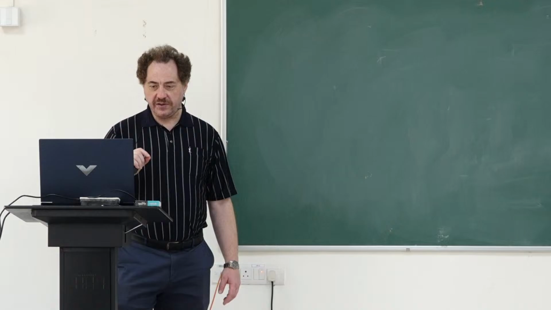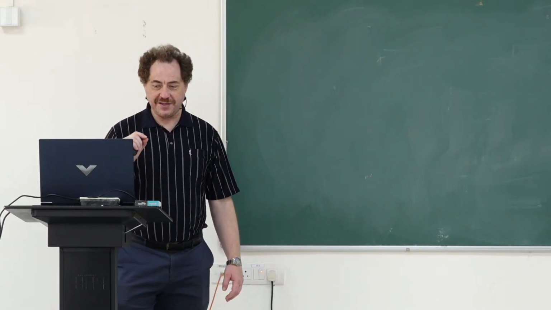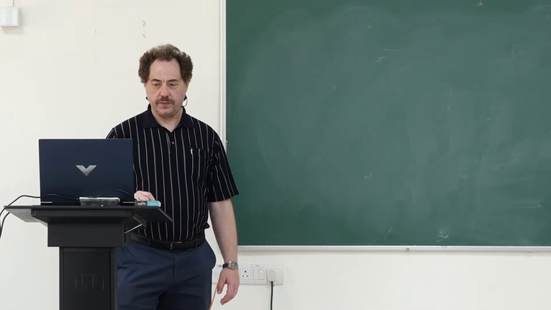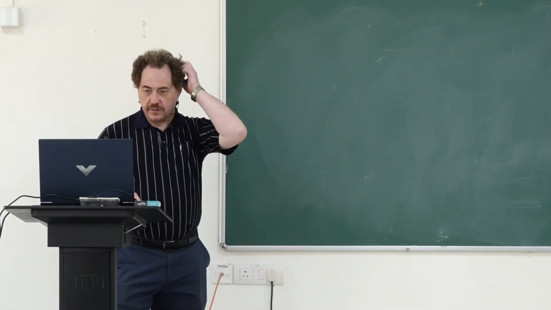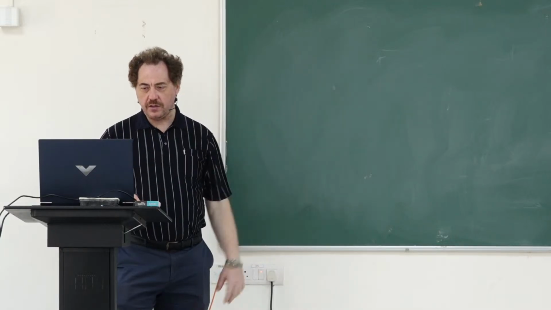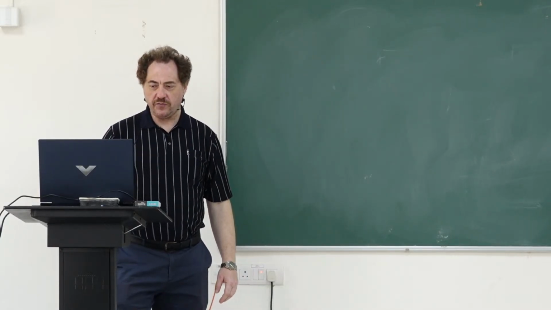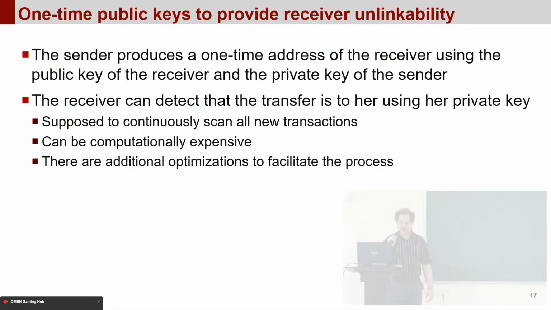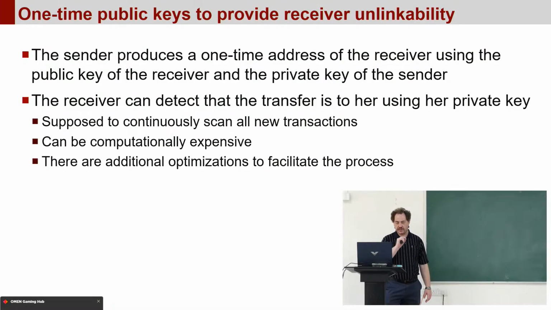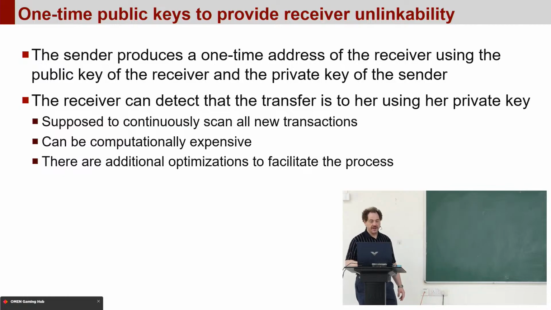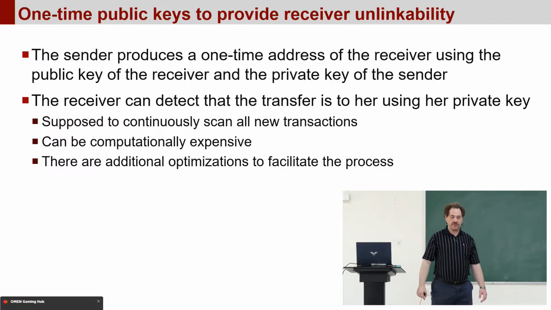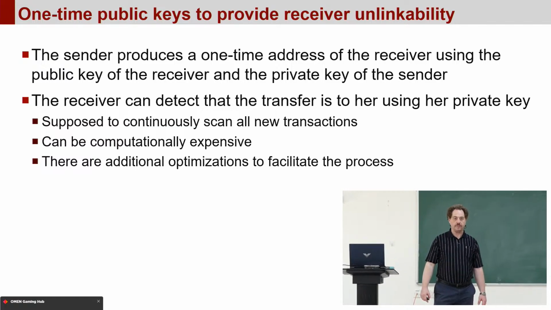So the receiver is supposed to continually scan all new transactions in the ledger, and then, using the private key, she would be able to detect that this particular transfer is intended for her. Of course, continuously scanning all transactions can be quite an expensive operation for the receiver.